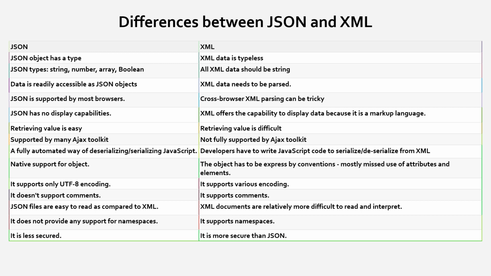JSON has no display capabilities. Since XML is a markup language, it has the capability to display data.